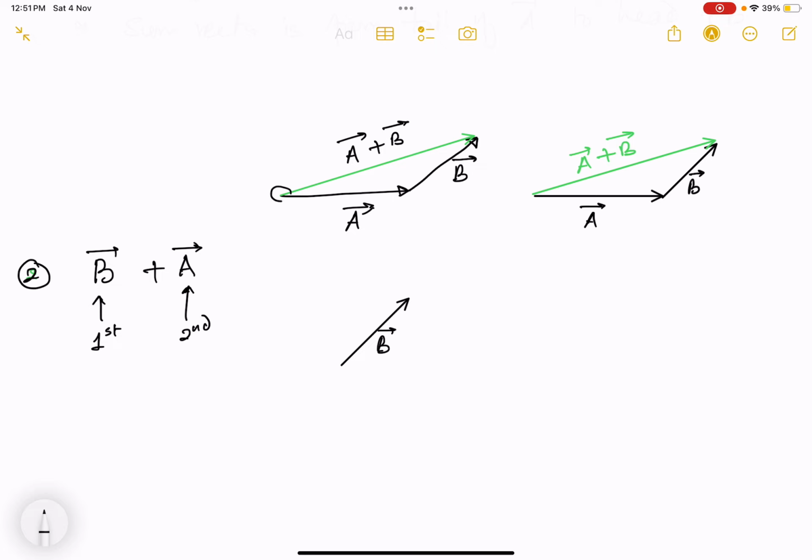This will go here, at the head of B. So you translate A from here. Okay? This is your vector A now. You understood? No? Where is the doubt?